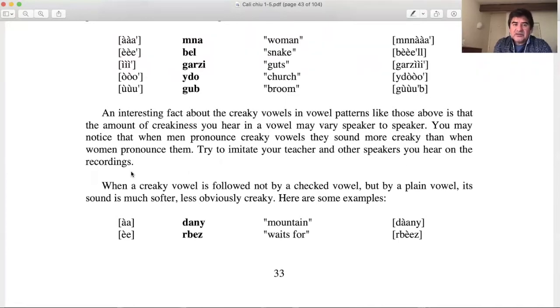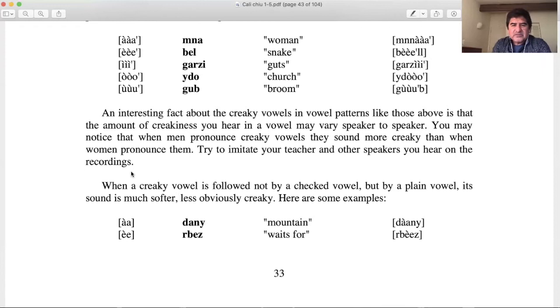You can hardly hear the creak, right? But believe me, the creak is there, because if you didn't have a creak, it would be different. Remember, we talk about tones. So the creak is kind of low and then it rises.